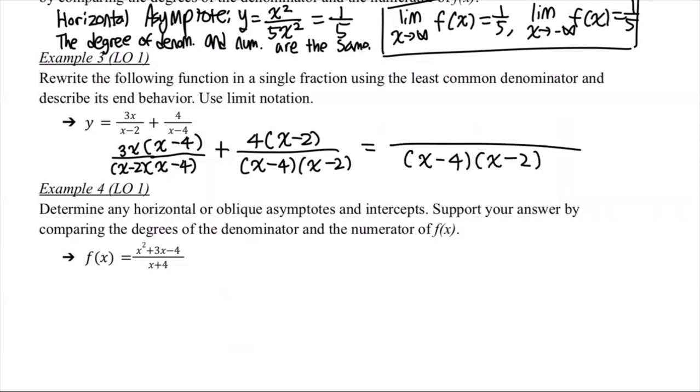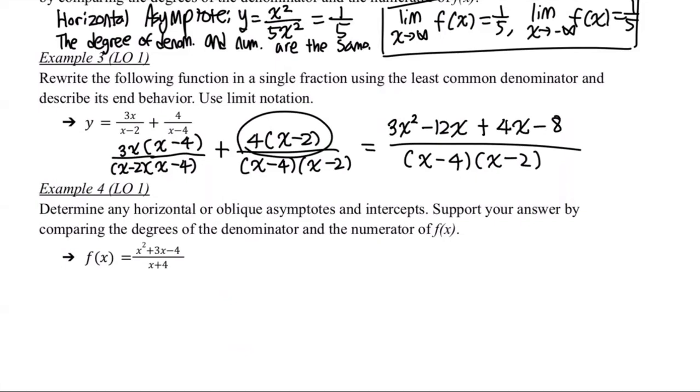And then we can now combine the numerators because the denominator would be the same. If we use the distributive property to expand, we'll get 3x squared minus 12x. And expanding the other part using the distributive property, we will get 4x minus 8.